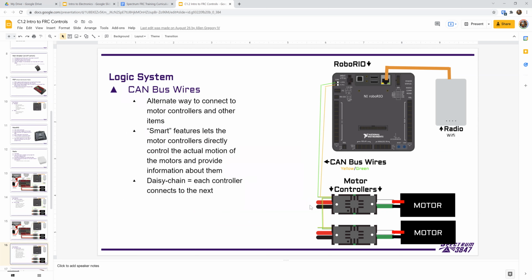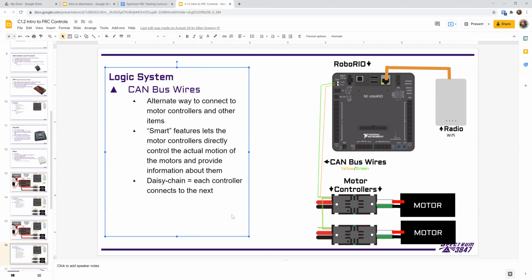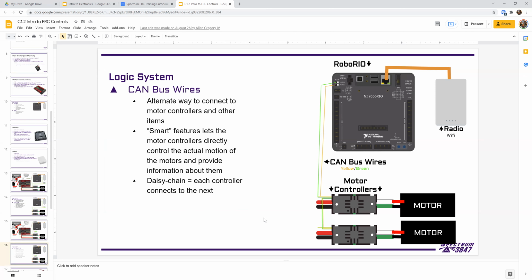So the CAN bus is what allows the motor controllers to communicate back to the Robo Rio as well. So it allows a lot more smart features. And this is called daisy chaining. When you have one connector, you have the Robo Rio connected to a motor controller, which is connected to another motor controller, which is connected up to the PDP. That's daisy chaining. So this is how we connect up our motors.